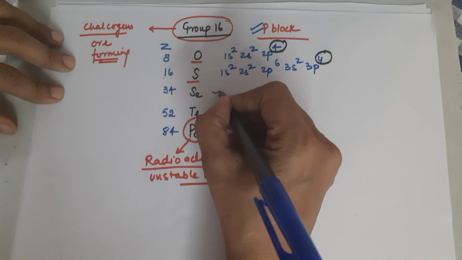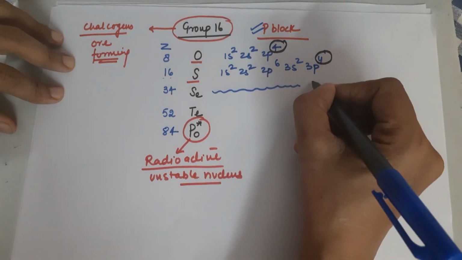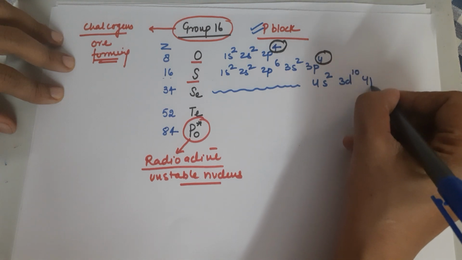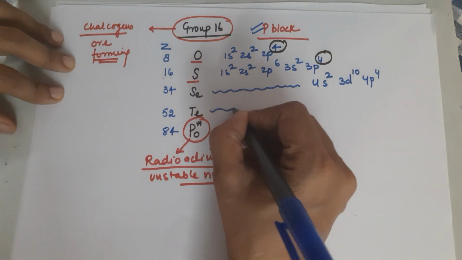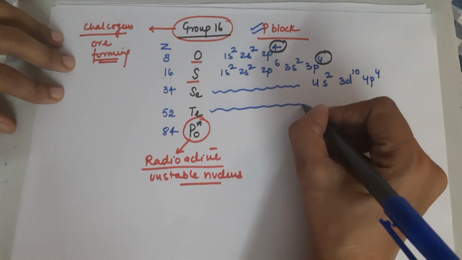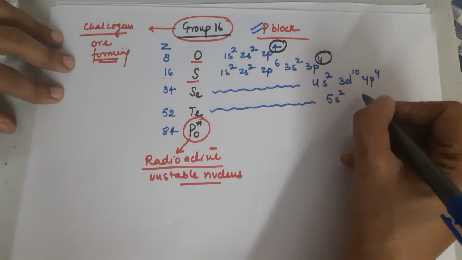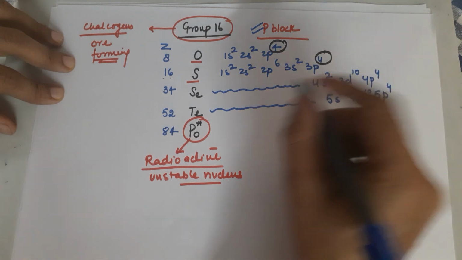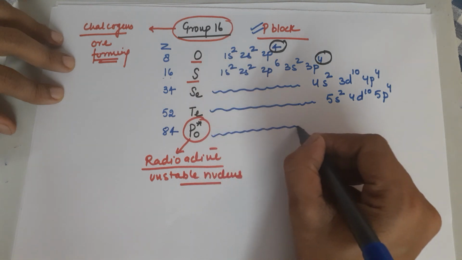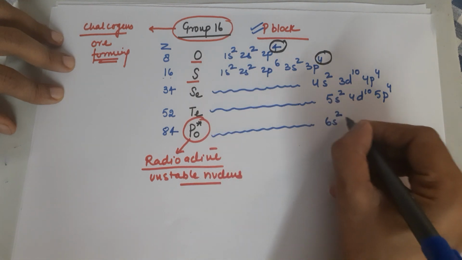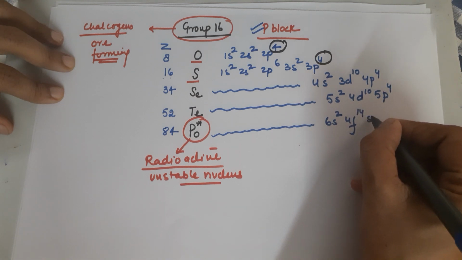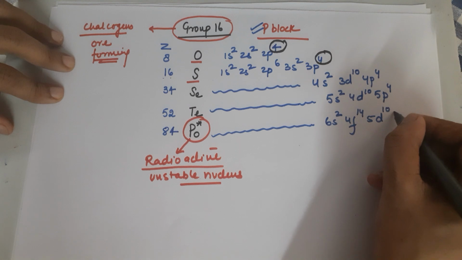Now for the others, as you would write the electronic configuration, you would end up in 4s2, 3d10, 4p4 in case of selenium. For tellurium, the same configuration would go up to the fifth shell, 5s2, 4d10, 5p4, and for polonium, this would go up to 6s2, then 4f14, then 5d10, and then 6p4.